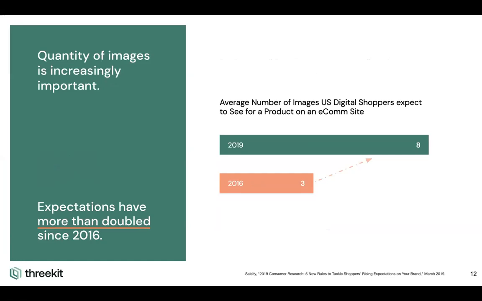They want that tactile-esque approach digitally. In 2016, consumers were anticipating and asking for 3 photos of a product before they made a purchase decision. As of 2019, they now expect to see 8, and that's not slowing down anytime soon.